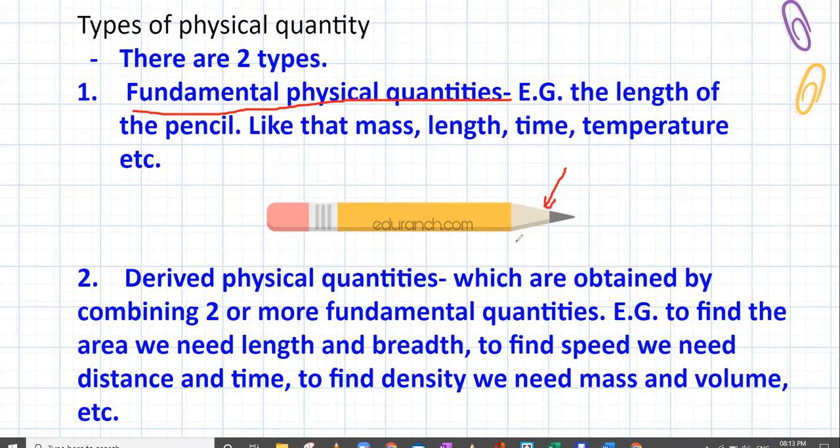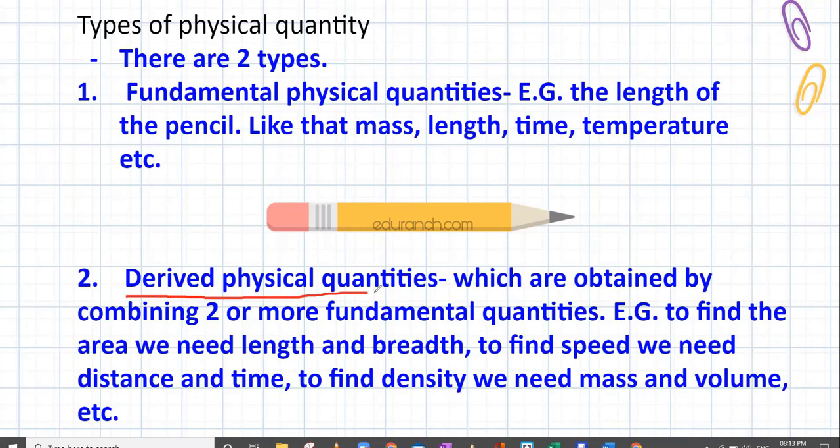We can directly measure the length of this pencil by using a ruler. Like that, mass, length, time, temperature, etc. are fundamental physical quantities because we can directly measure all these with the help of a ruler or maybe a thermometer or a watch, like that.